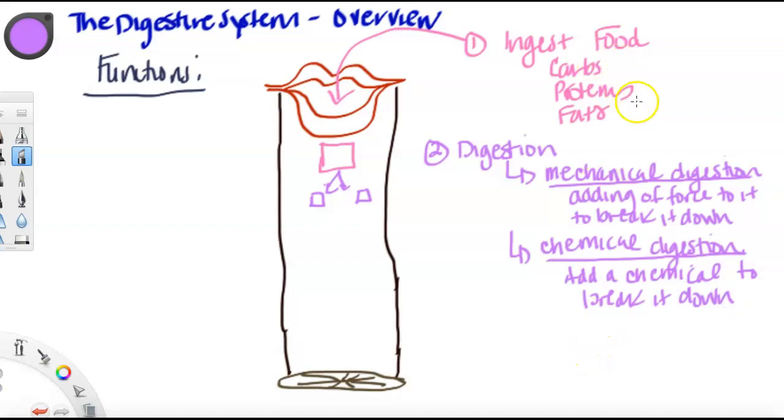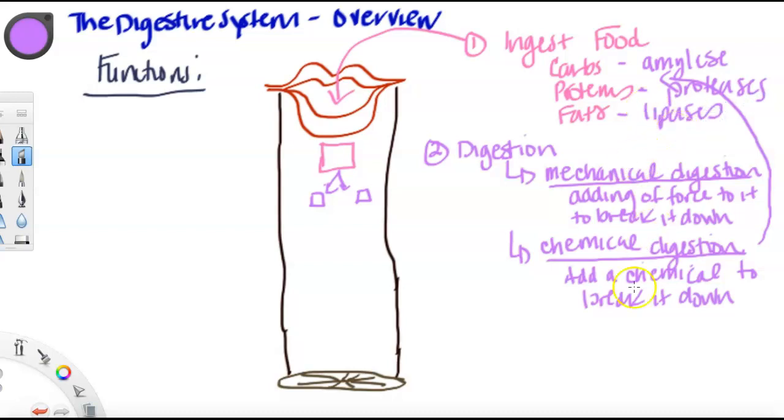Okay, so all these macronutrients have enzymes that break these things down. So carbohydrates, we have amylase. Proteins, we have proteases. And fats, we have lipases. All right, and those are the chemicals that break these things down.